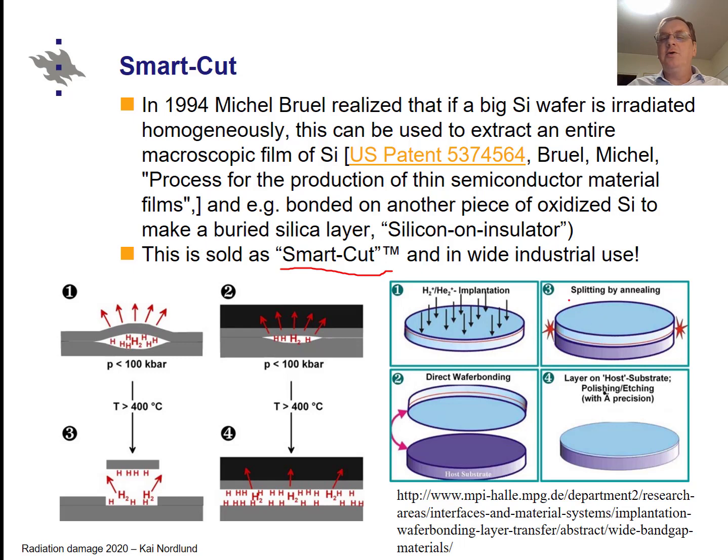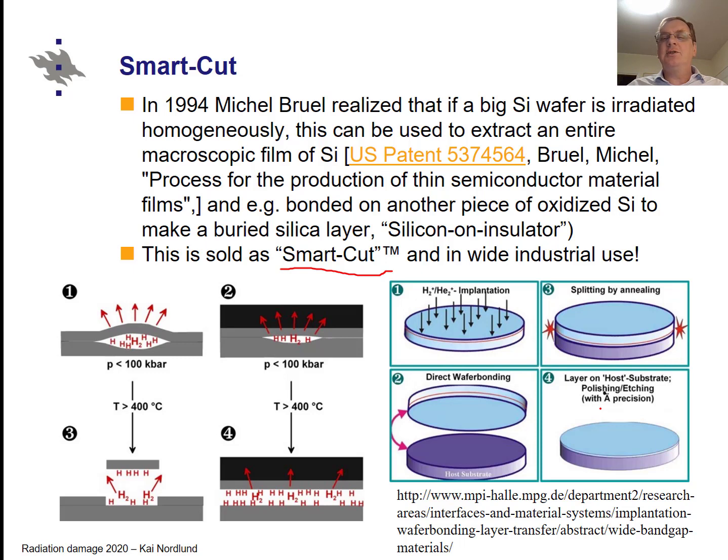So you can get rid of a lid of silicon, so you can get a layer of silicon which is rather thin, but still almost perfectly flat. And then when you polish it and etch it, you can use this to get a thin layer of silicon, which can be placed on another substrate.